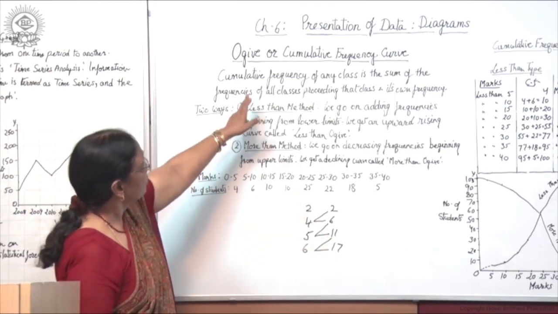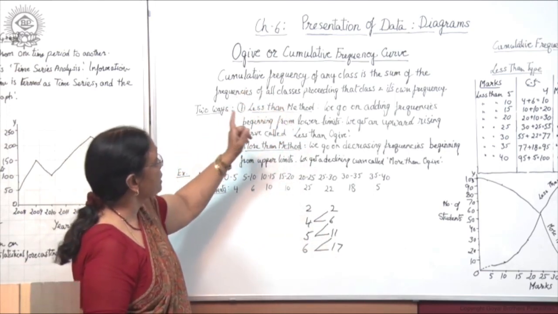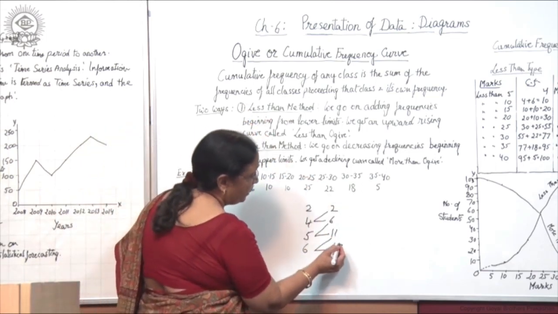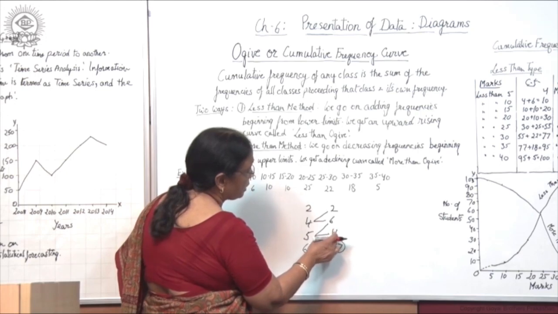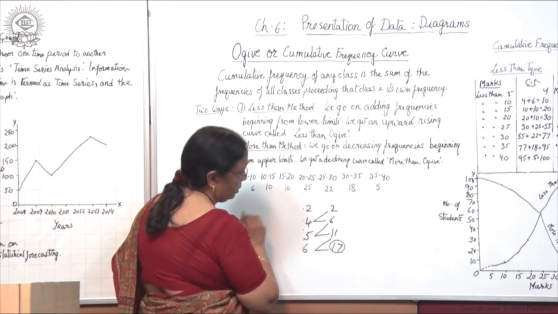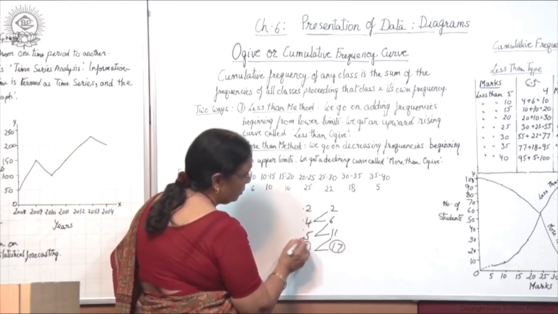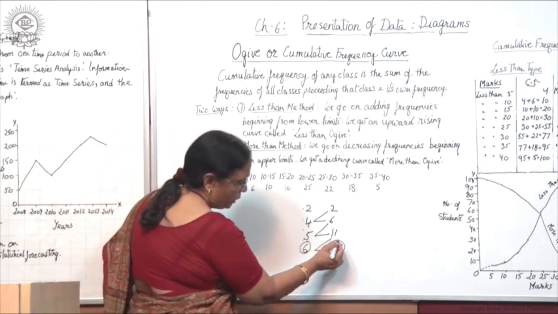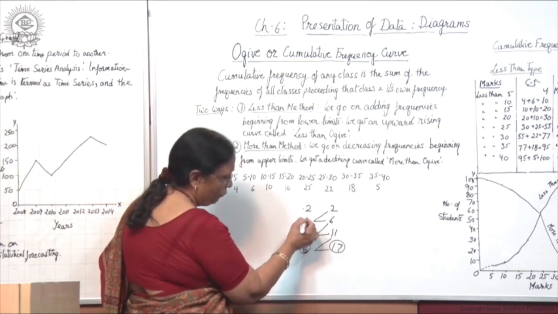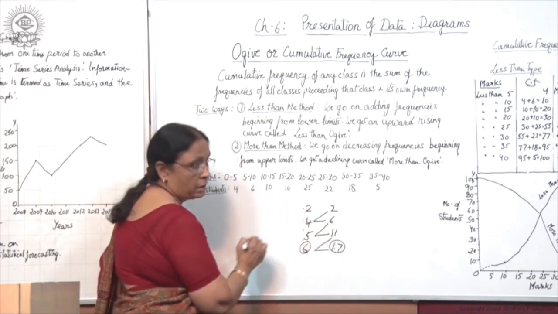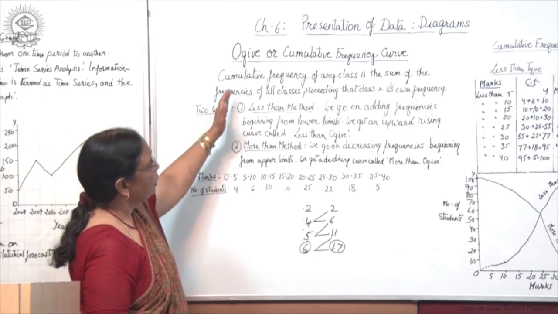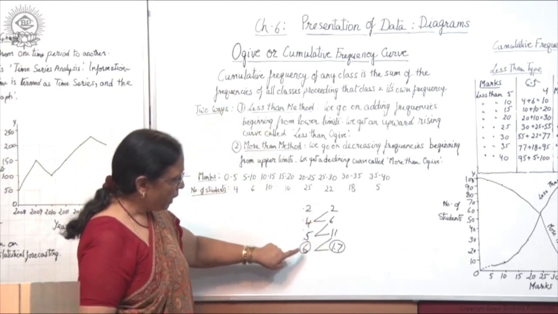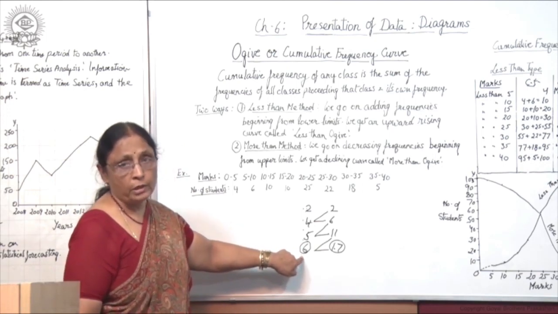So the cumulative frequency of any class is the sum of the frequencies of all classes preceding that class and the frequency of its own class. This is the addition of 2, 4, 5 and 6. So this way we get cumulative frequency by adding up all the frequencies and the frequency of its own class.